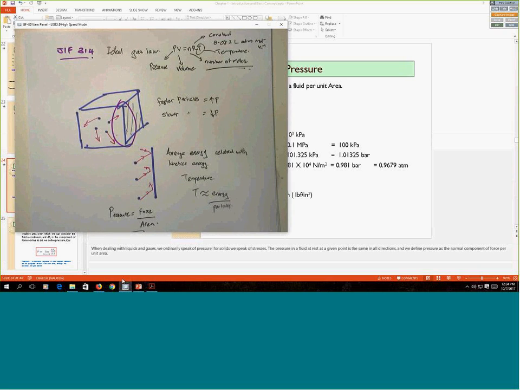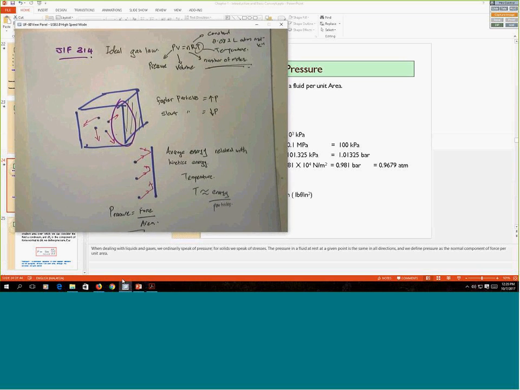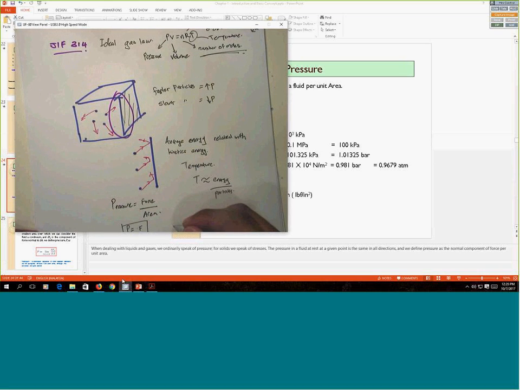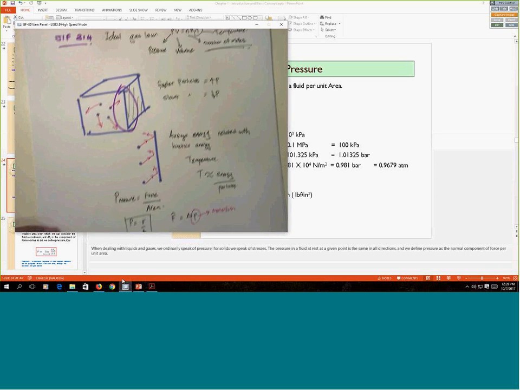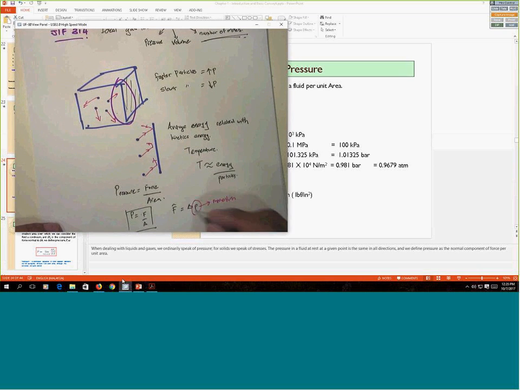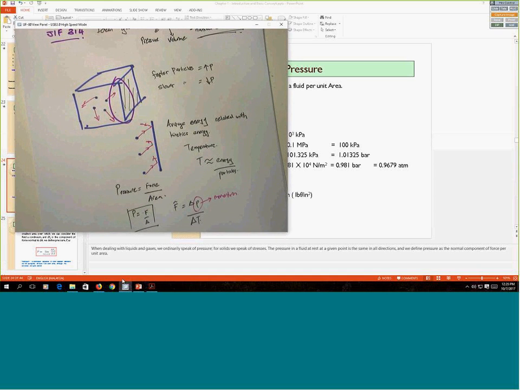Like I said, I'm going to introduce a little bit of equation related to this. When it relates with the pressure, you're going to have the force also. You have changes in momentum, over changes of temperature.